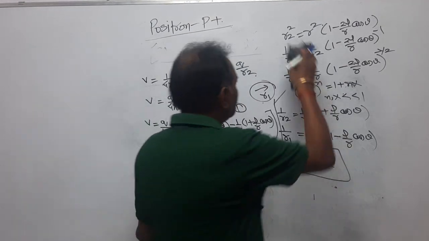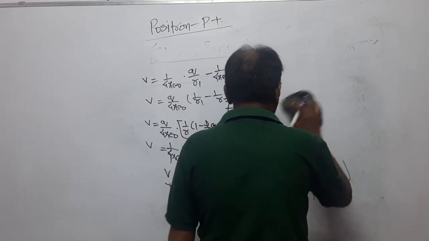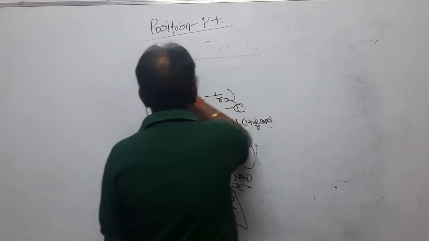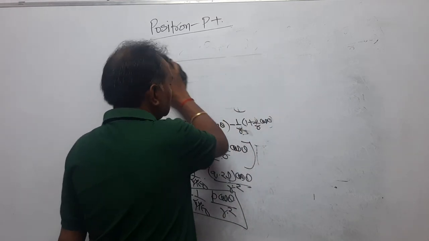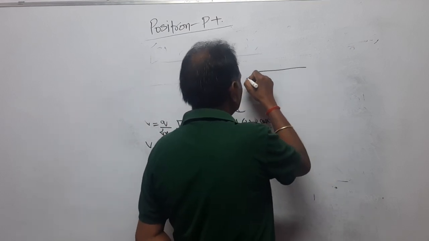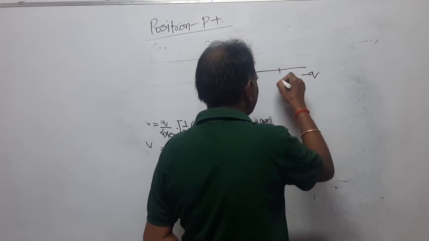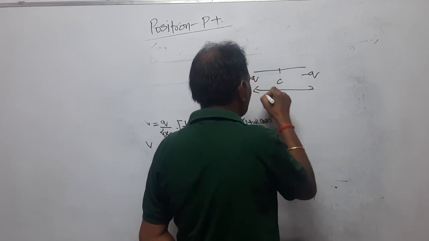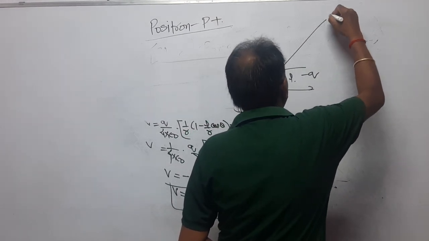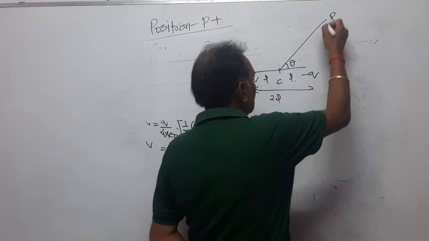Dear students, I am erasing this part. Now let's discuss. It was our dipole. This is plus Q, this is minus Q. It was the center of dipole. It is 2L, so it is L, it is L. And here was a point P making an angle theta with the axis of dipole.